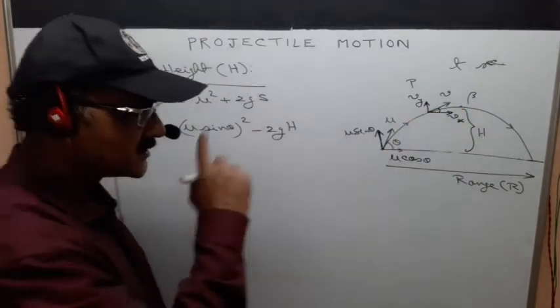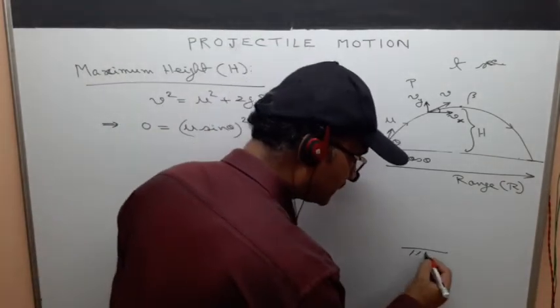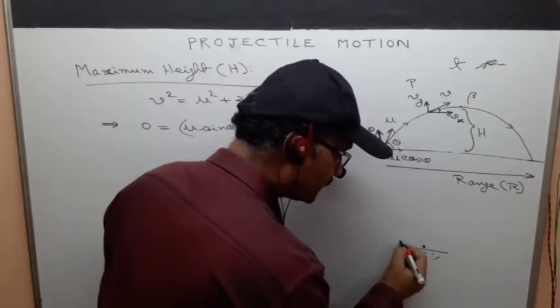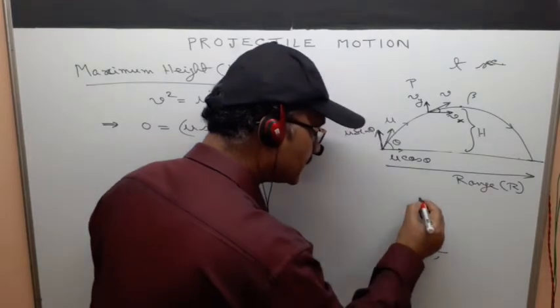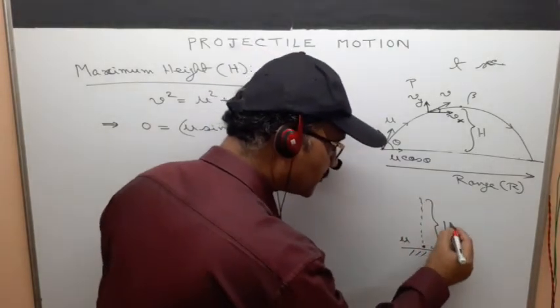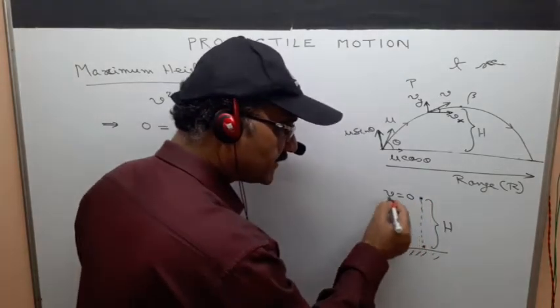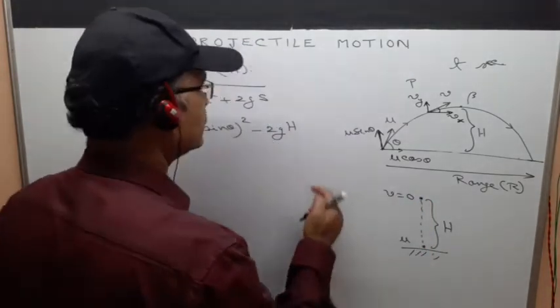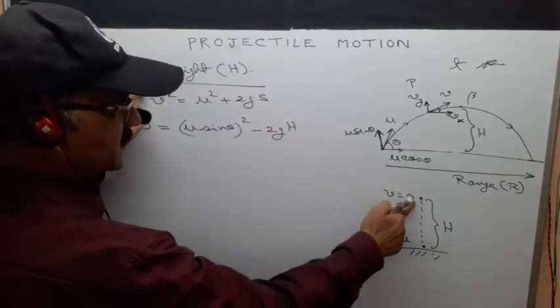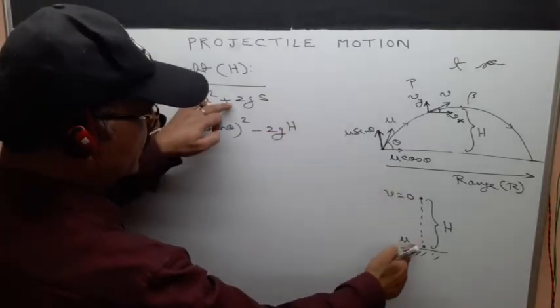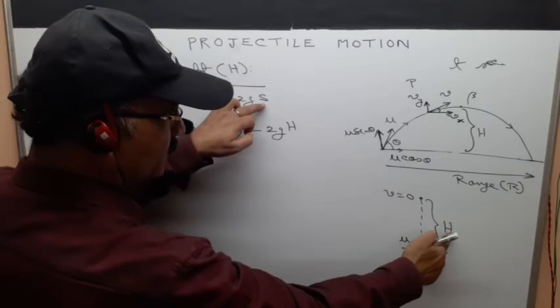Okay, this is similar to this case. Say we had thrown a ball vertically upward. This h we can find at this point, where the final velocity is 0. So use this equation, 0 equal to u square minus 2gh.